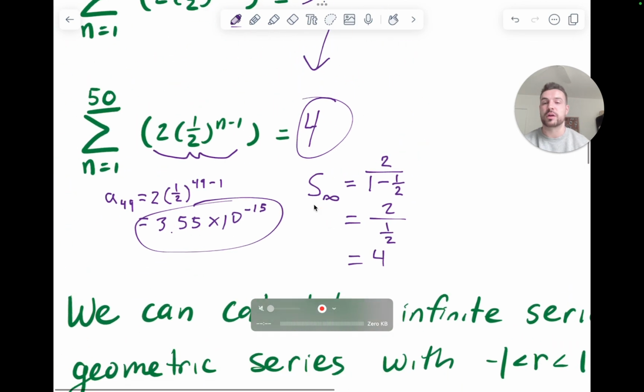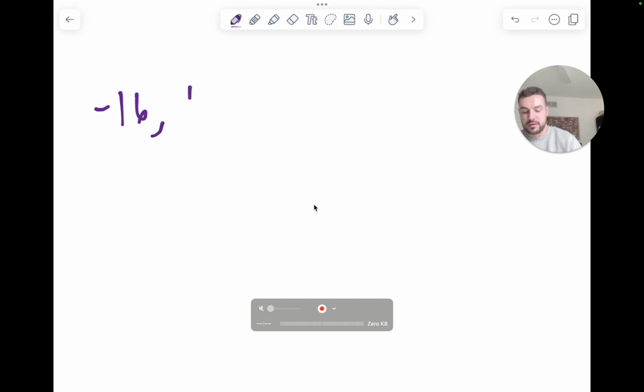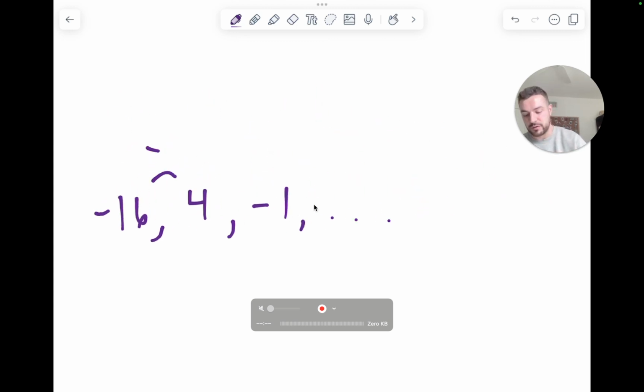All right, so this works in many different cases. Let me give you another example just so we can see. If we have -16, +4, -1, this is a similar example to one we've used in a previous video, but as we can see, we are multiplying by a ratio value of -1/4.